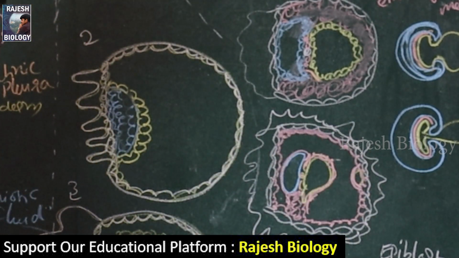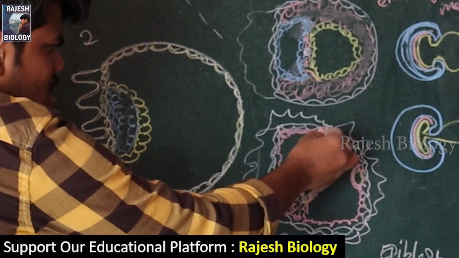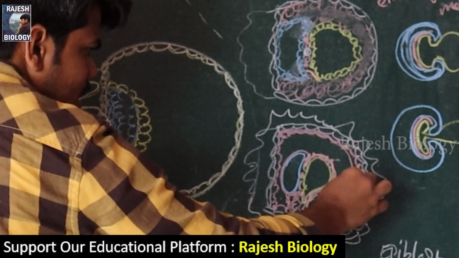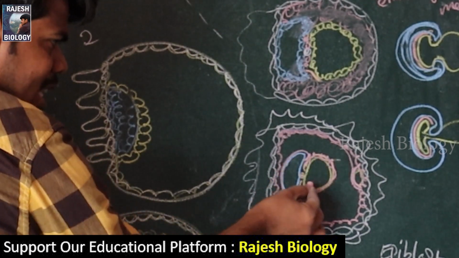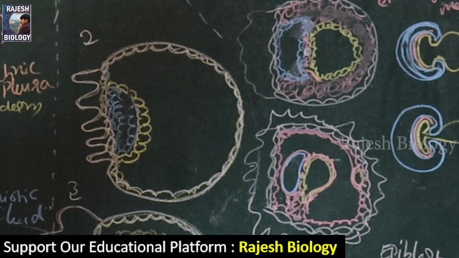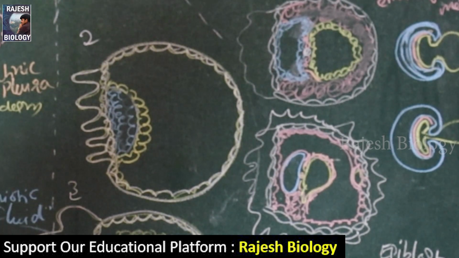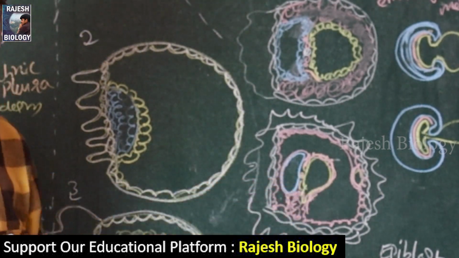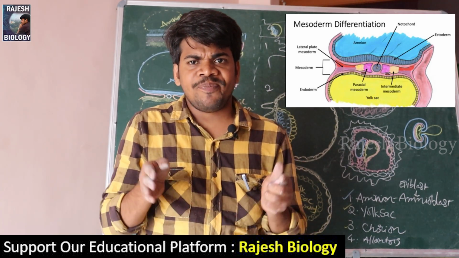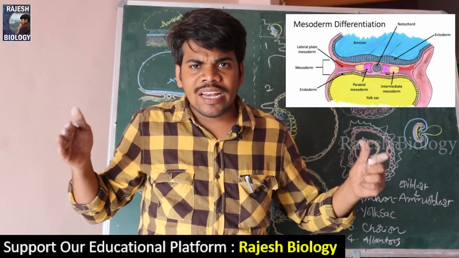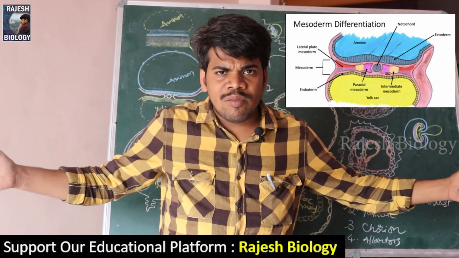So here if you observe, it is the somatic mesoderm. The extra-embryonic mesoderm is okay, and later many changes take place. In the mesoderm differentiation class, I told you mesoderm is divided into three parts: the paraxial mesoderm, intermediate mesoderm and lateral mesoderm.